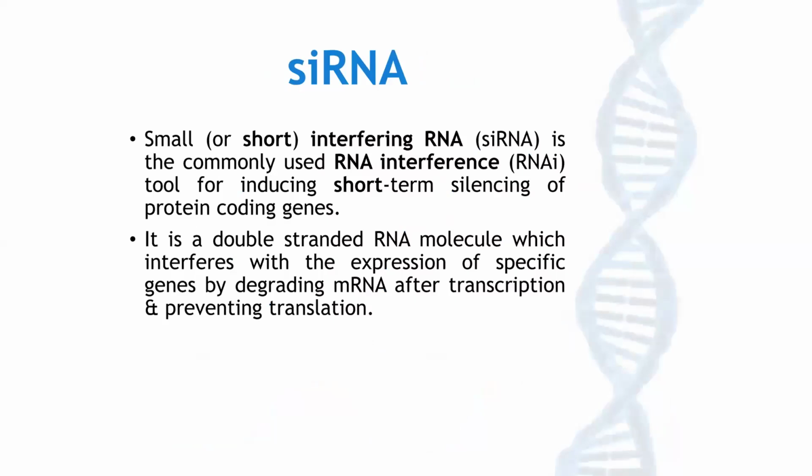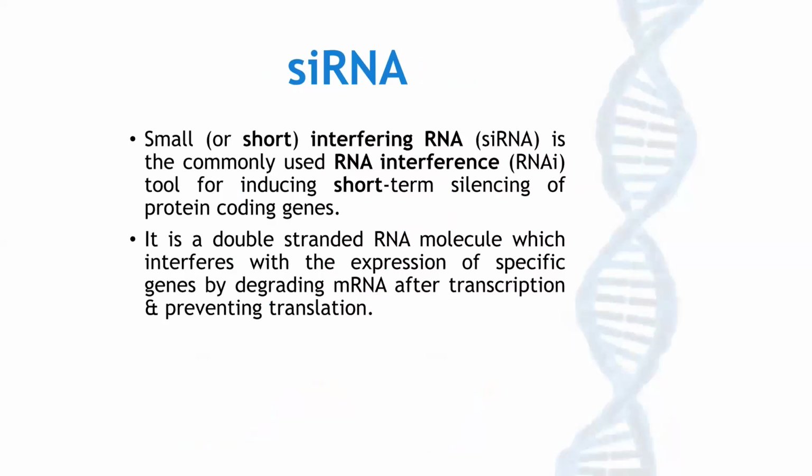Now we are starting with short interfering RNA. The short interfering RNA is the commonly used RNA interference tool for inducing short-term silencing of protein coding genes. It is used in silencing genes for a short term.